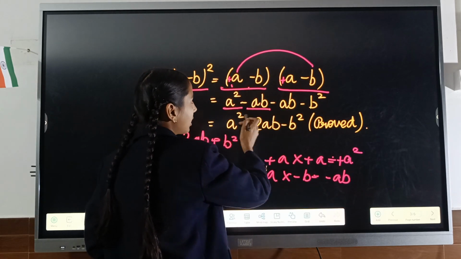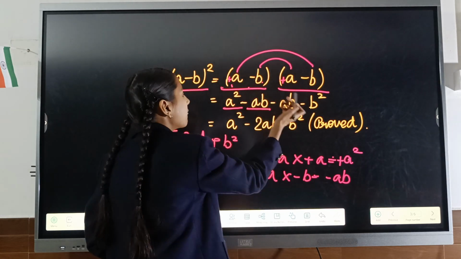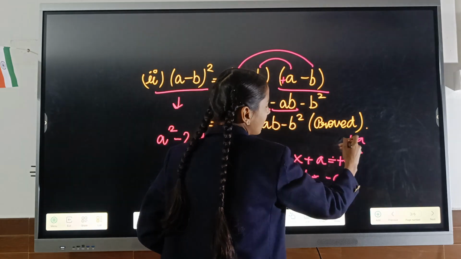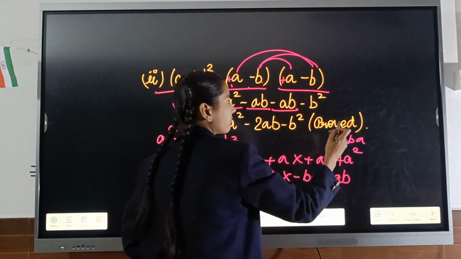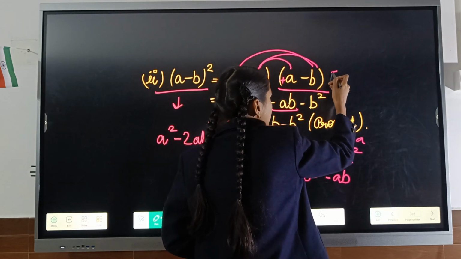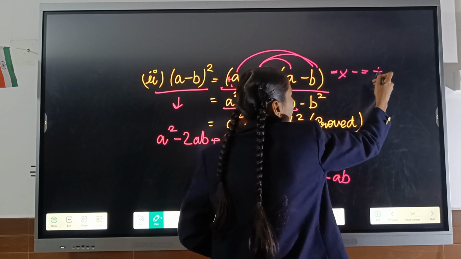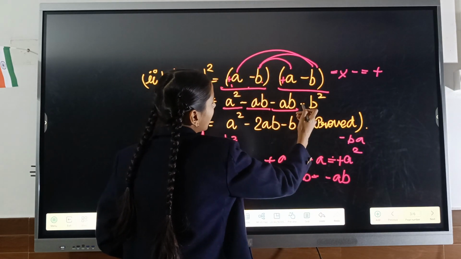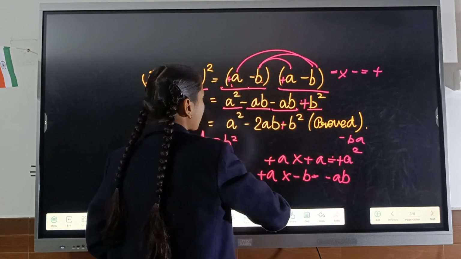Once again, when we multiply minus b into plus a, we get minus ab, or minus ba. When we multiply minus b into minus b, the minus sign multiplied by the minus sign gives the plus sign. So here is plus b square.